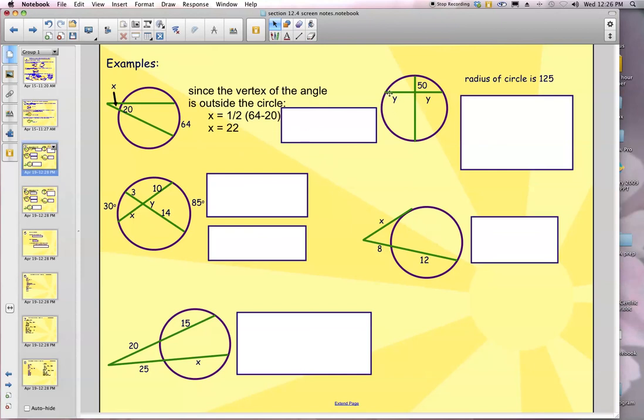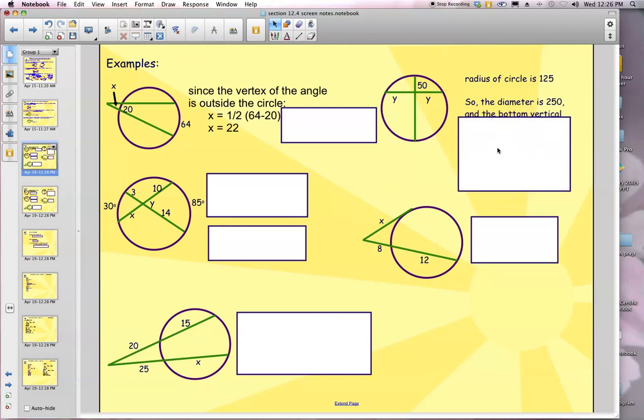We learned that y times y equals 50 times this piece. We don't know what this piece is, but they do tell us that the radius of the circle is 125. Well, if the radius is 125, then how long does the diameter have to be? Well, the diameter has to be 250. So then the bottom vertical part, if the top is 50, the bottom vertical part would have to be 200.